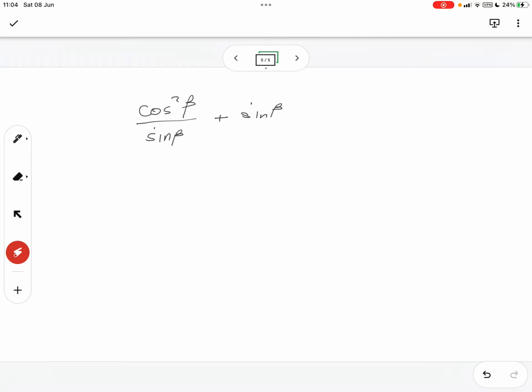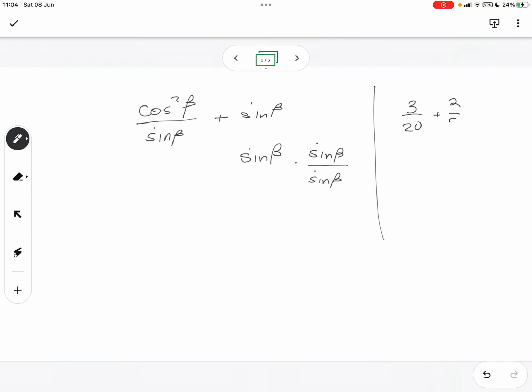How would you think about doing that? Another way to solve this part here, we can put a question here. I want this one to have a denominator also. It's not a fraction, it's kind of a fraction, but it's like sine beta over 1. But instead of sine beta over 1, something over sine beta. How would you get that to be like that? That's what you ask yourself. And the simplest way to do that is I can multiply this sine beta by sine beta over sine beta. Again, I said this last night.